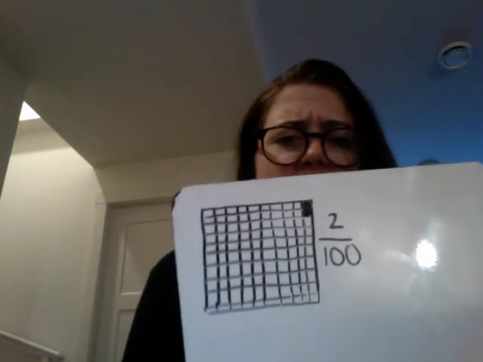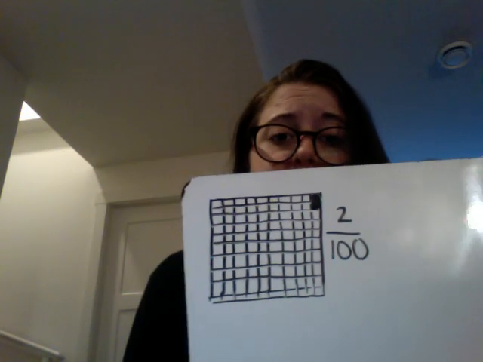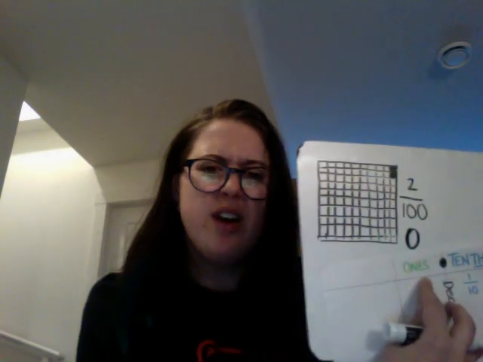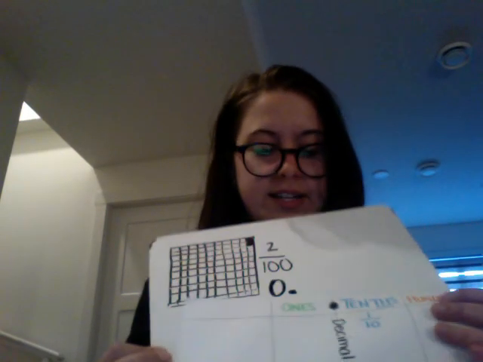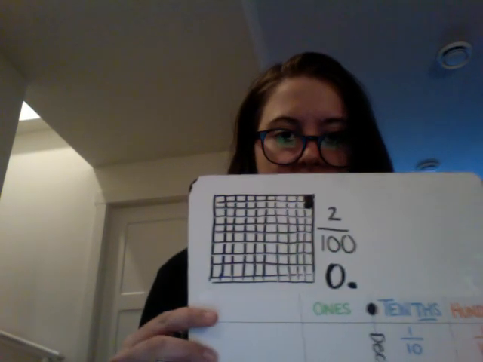Then if I wanted to represent it as a decimal, I could draw it using my place value chart. Okay, so again, I'm thinking about my ones place value first. Do I have any wholes here? I don't think so. So I have 0. Then I'm going to put my decimal. And then how many tenths do I have? Ooh, how many groups of 10 do I have here?